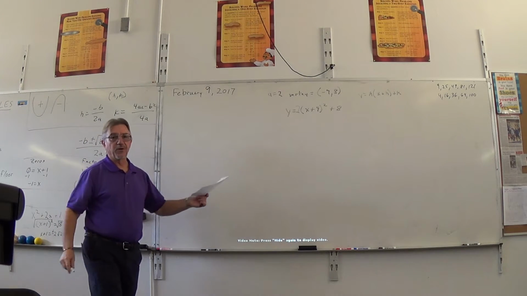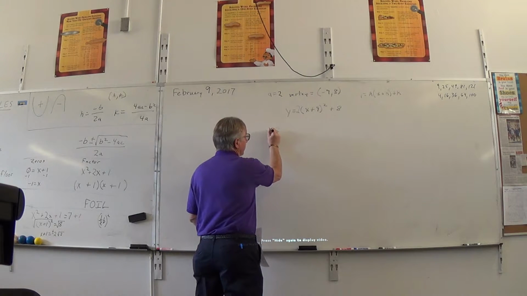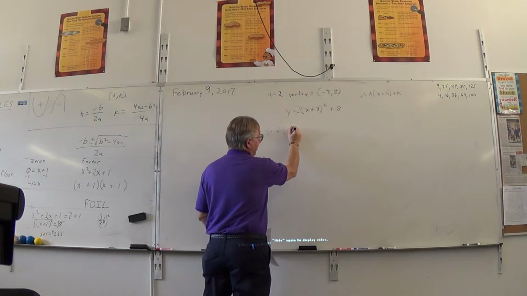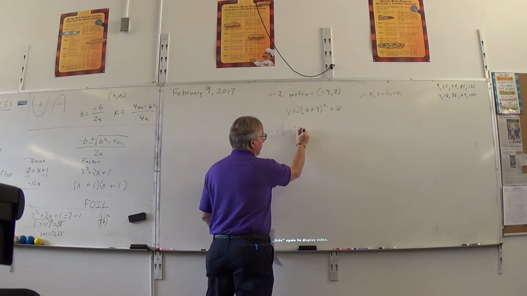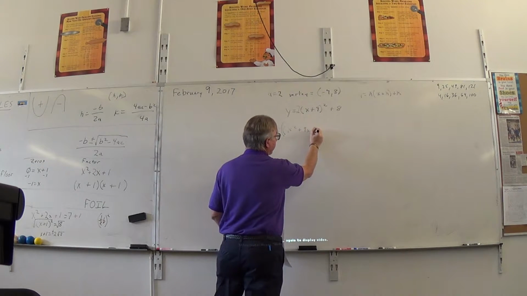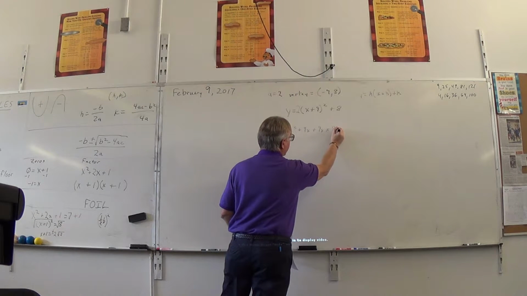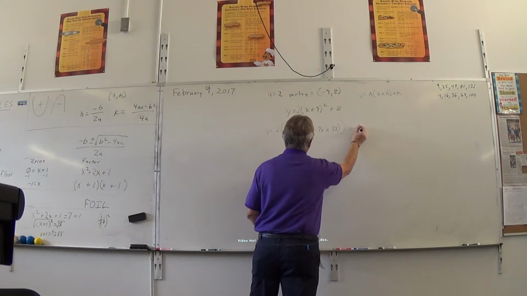So now you have to FOIL this, so you have 2 times x squared plus 9x plus 9x plus 81 plus 8.